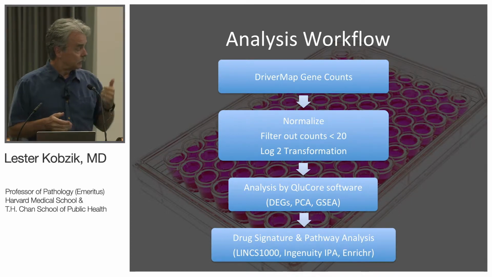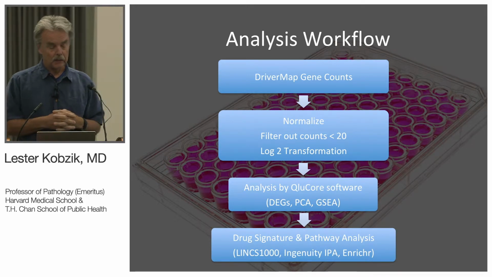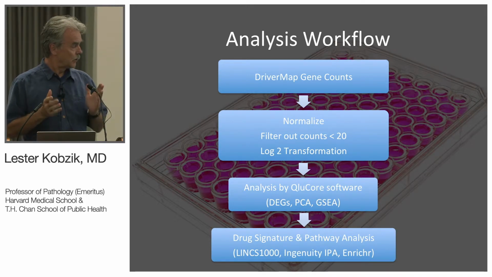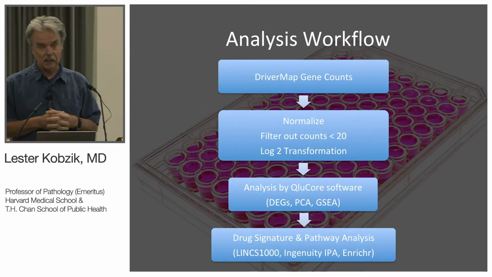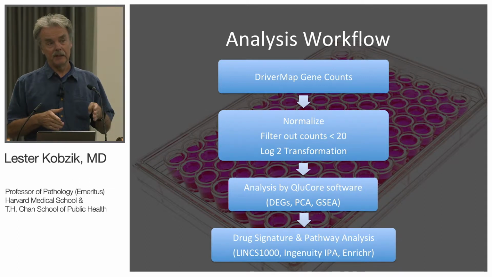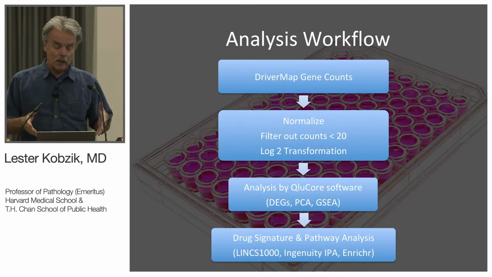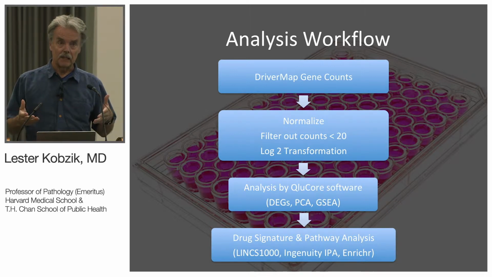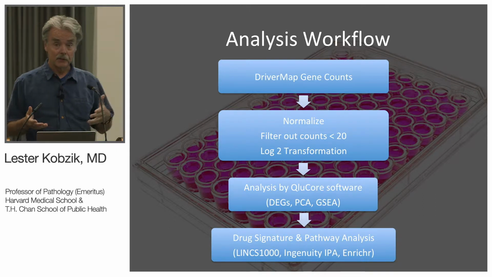That software was used to identify differentially expressed genes, and then also principal component analysis as well as gene set enrichment analysis can be done in that software. The gene lists that came from the differential gene expression analysis were used to query databases that are instructive for analyzing drug signatures, specifically the Lynx 1000 database.